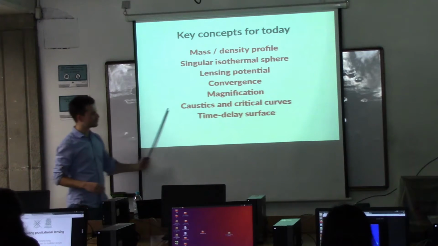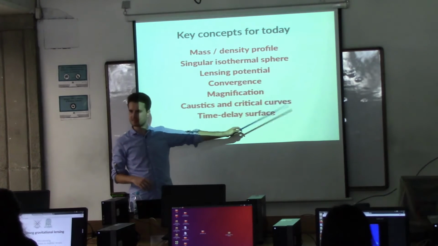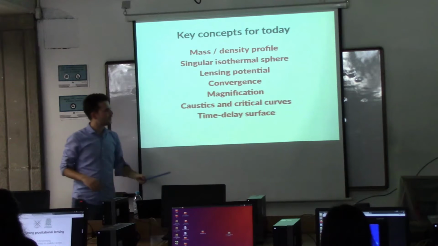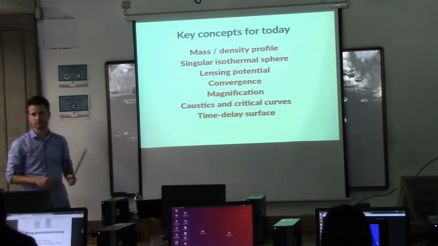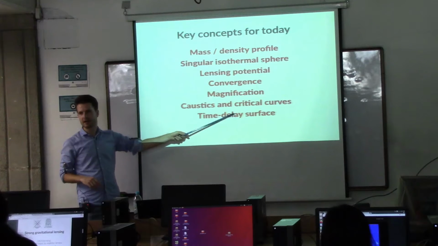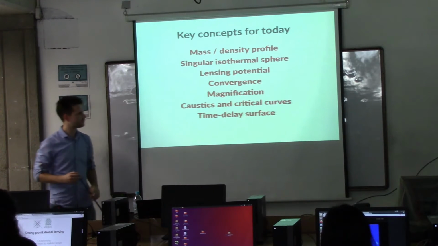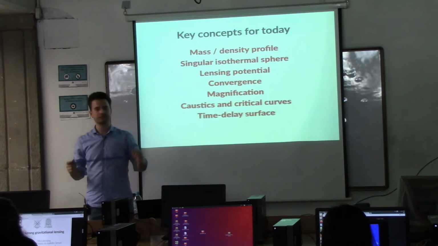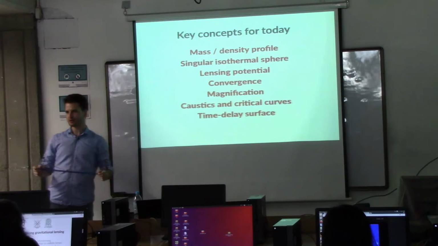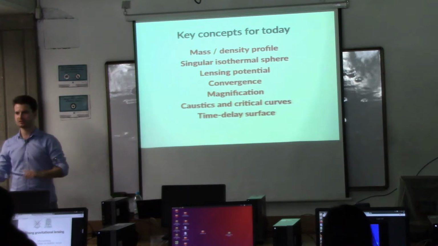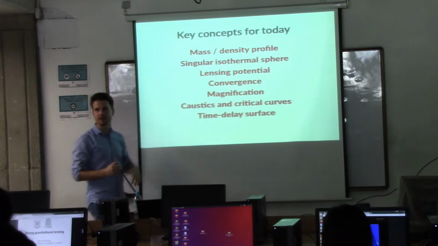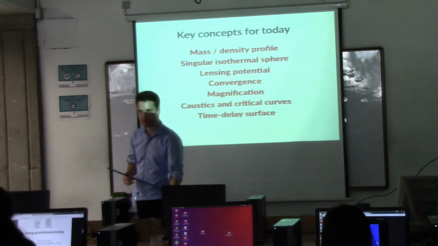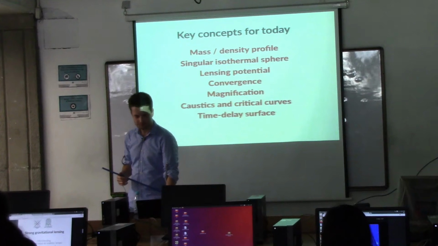I'll introduce caustics and critical curves, which you will often see in lensing papers. And I'll talk about the time delay surface, which is actually the best way to solve complicated lenses. Again, I'll just stress this is the most theoretical part of the course. From today onwards, we get more towards new results and looking at how we actually do science.